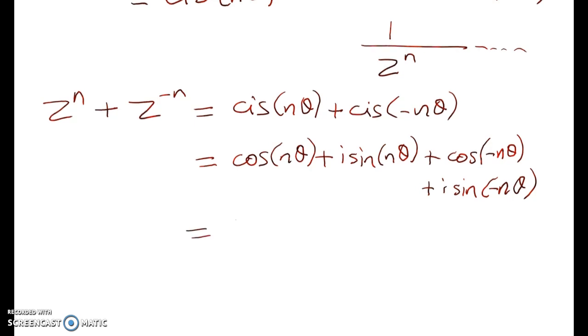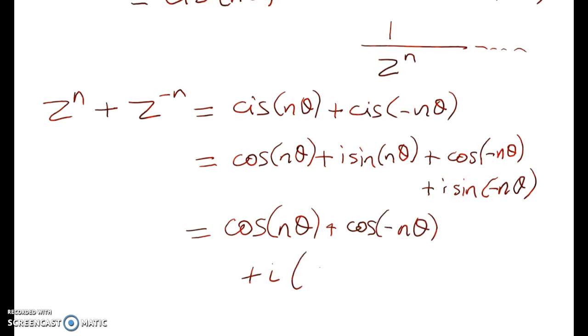So I'm going to do this really slowly because it's a prove question. I've got cos n theta plus cos of negative n theta for my real bit, plus i times sine of n theta plus sine of negative n theta.